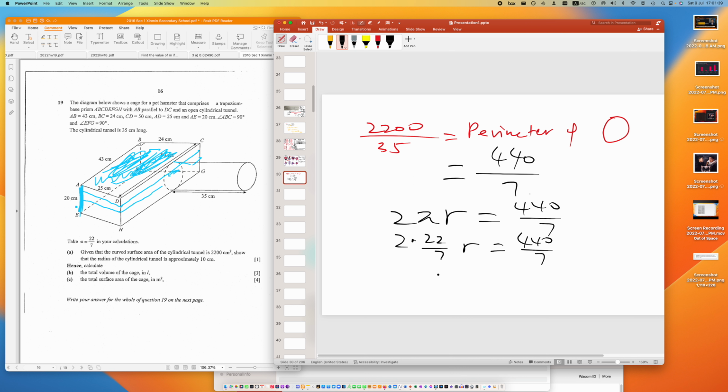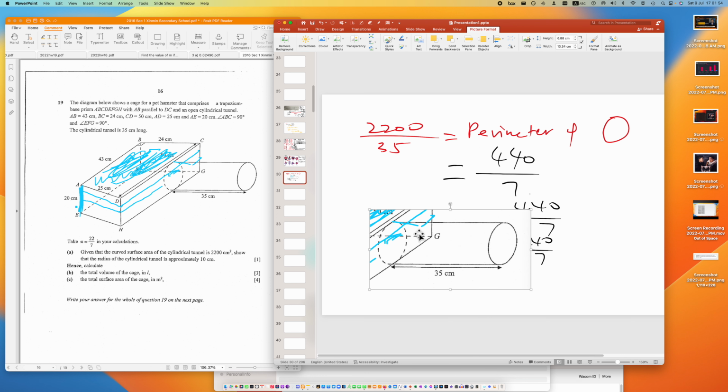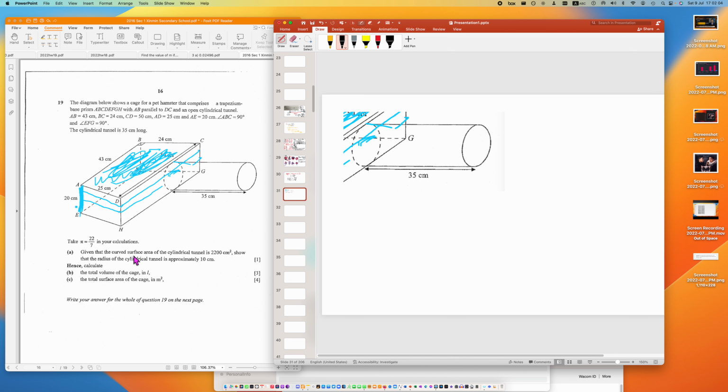Why is it that 2,200 divided by 35 equals the perimeter of the circle? Isn't it the area of the circle? I think we talked about this the other time. They say the surface area of the cylindrical tunnel also means the round side.